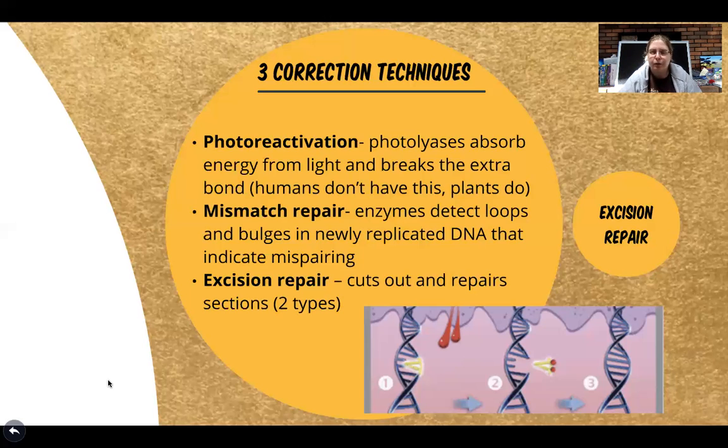It's going to look for areas where the sugar phosphate backbone is not nice and straight. And specifically, it's going to look for it in the newly replicated DNA. So this is after DNA replication has occurred. These enzymes are going to go and search out along the sugar phosphate backbone to make sure everything is correct.